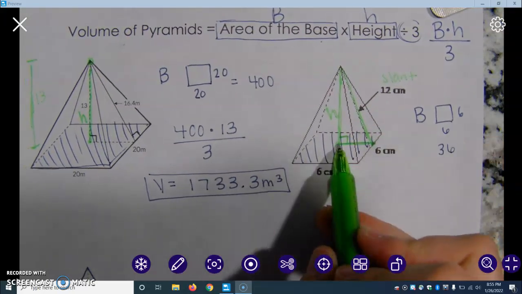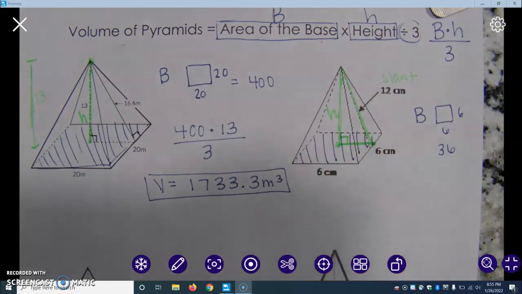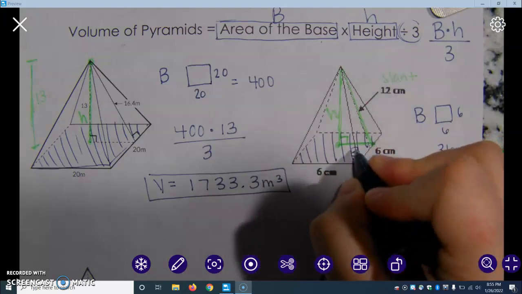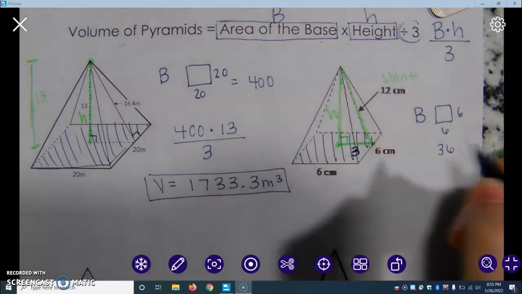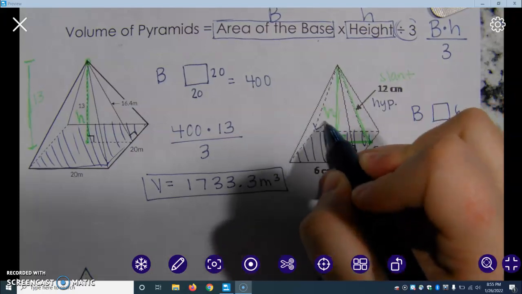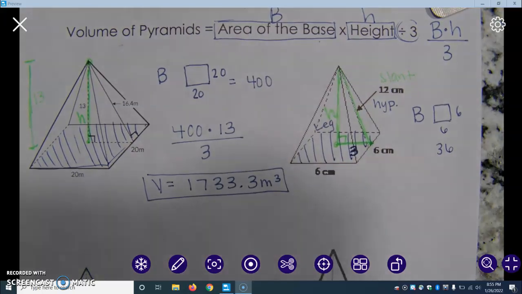And since the center is going to be half of 6, this little side here is 3. And this is my hypotenuse. 3 is a leg, my height is a missing leg, so I'm going to have to do the Pythagorean Theorem for this problem to find the height.